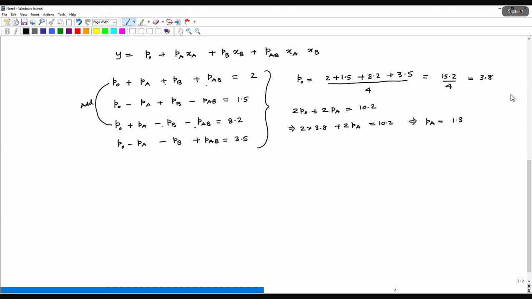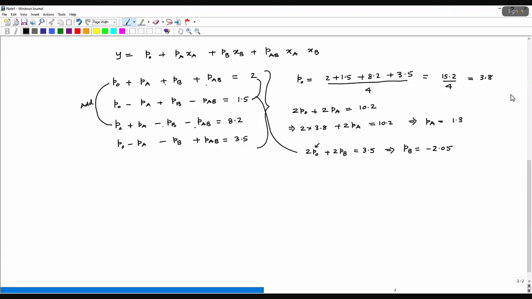Similarly, if you add these two equations, you can show that 2P0 plus 2PB equal to 3.5. So you substitute for P0, that is 3.8, and you can find PB will be equal to minus 2.05.